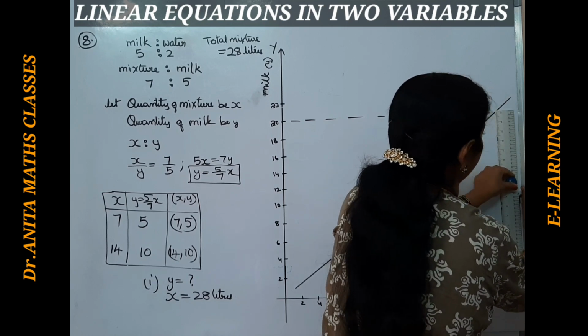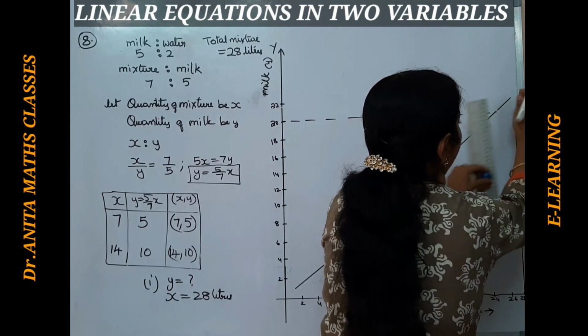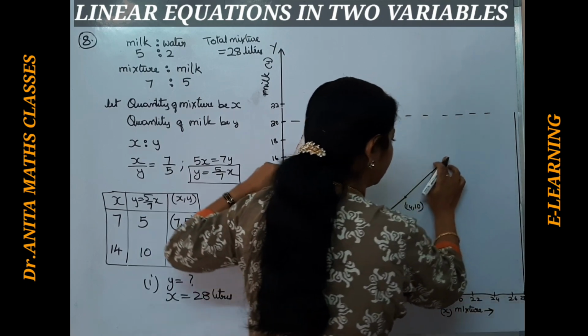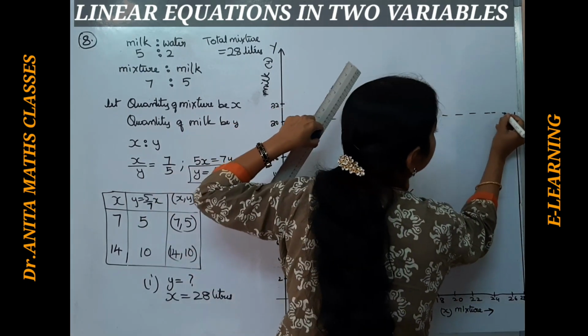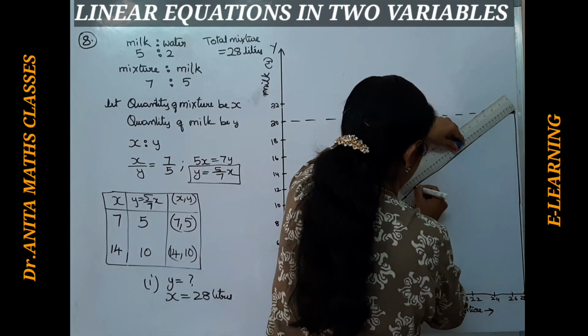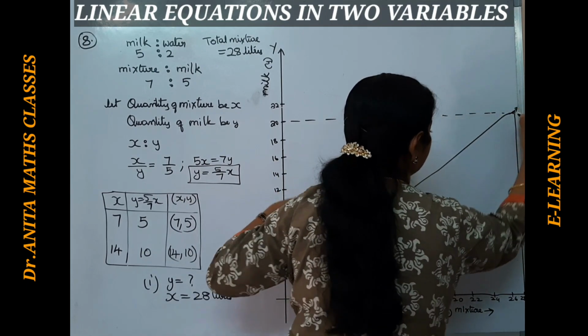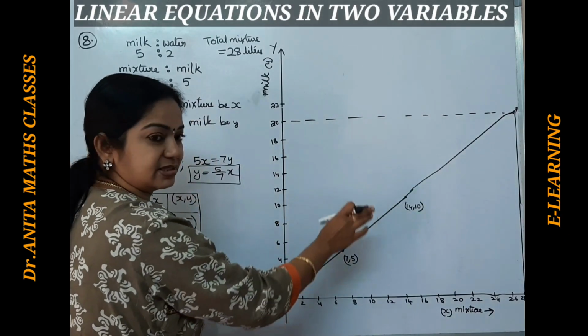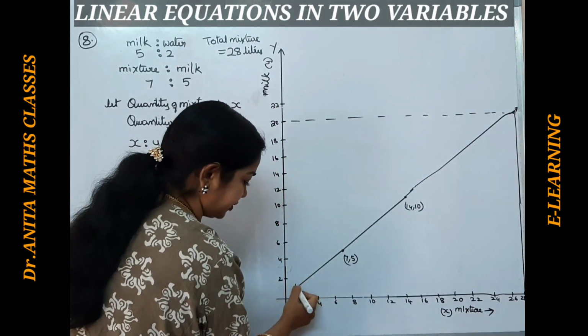So actually the line should be somewhat here. So this point it will touch, right. Here I have made some estimation because it is not a graph sheet, isn't it?